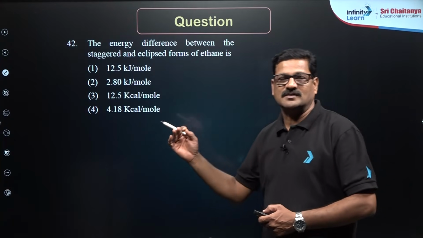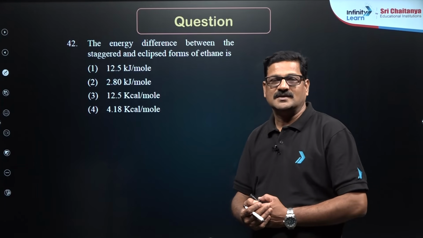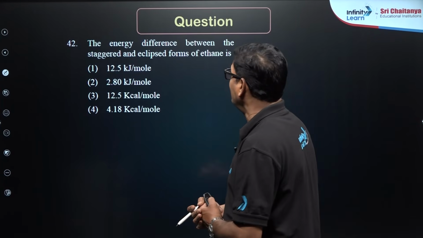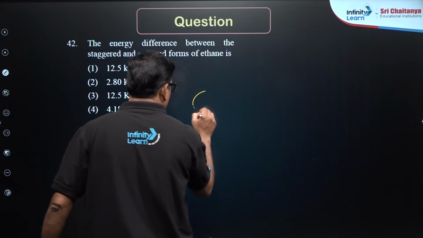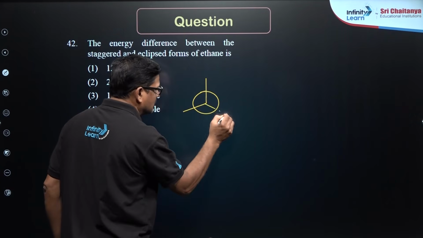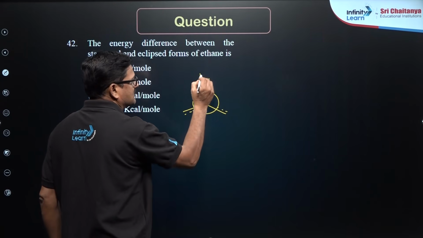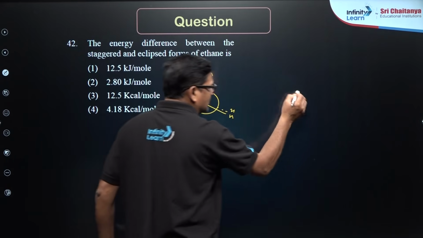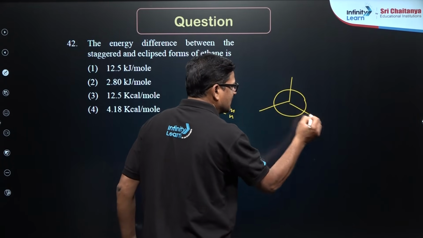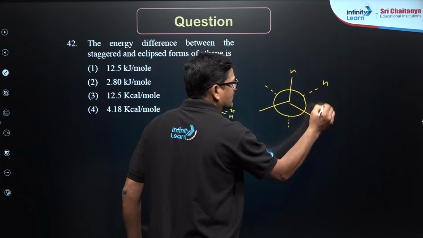Here it is based on the fundamental concept of Newman projections and conformational isomers. Energy difference between the staggered and eclipsed forms of ethane. So this is your eclipsed form and this is going to be a staggered form, hydrogen and hydrogen.